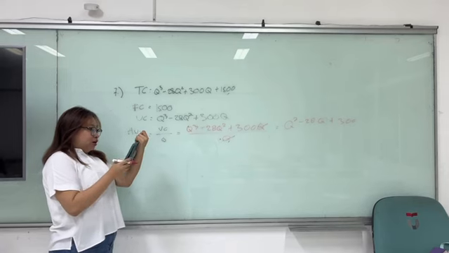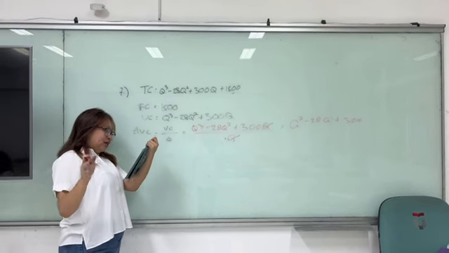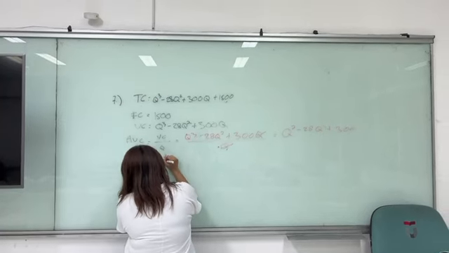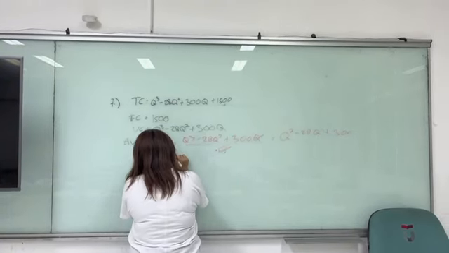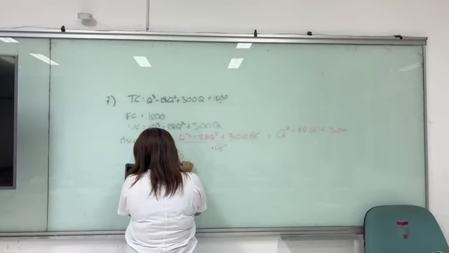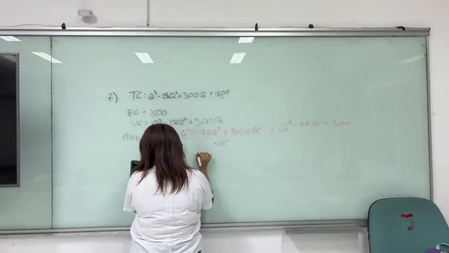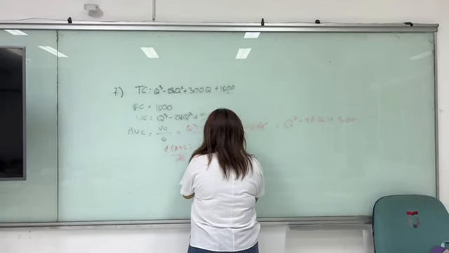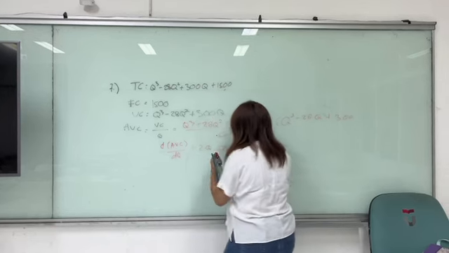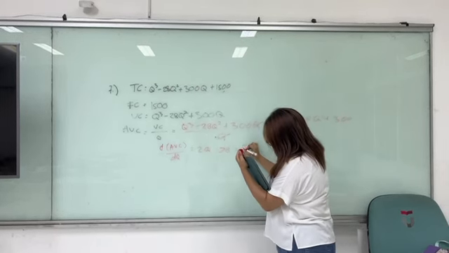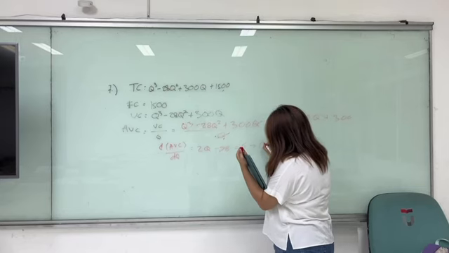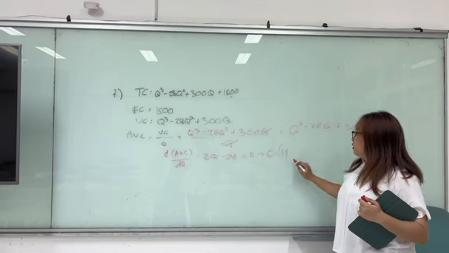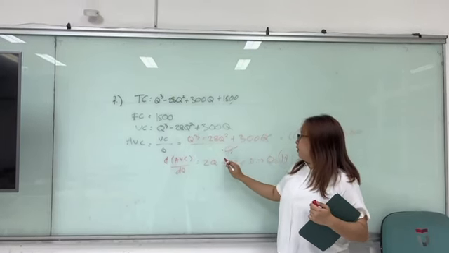So we have to find the minimum AVC. So we differentiate like this: 2Q minus 28. 2Q minus 28 is 0. The Q is 14, so this 14 is from 28 divided by 2.